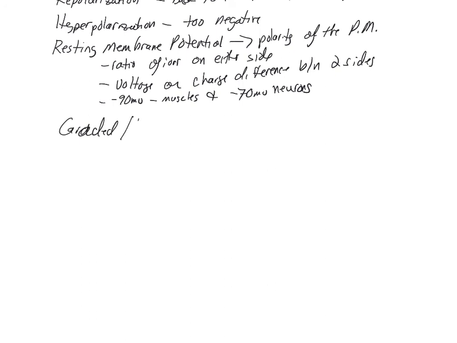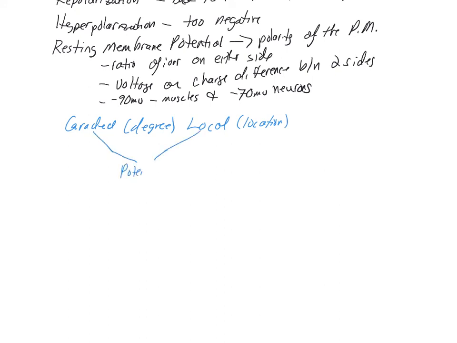Now, graded is a synonym for local. Well, it's not really. Actually, let me erase that. It's sloppy anyway. Graded is talking about degree. Local is talking about location. We can call the same thing either a graded potential or a local potential, and it's basically describing the same thing.